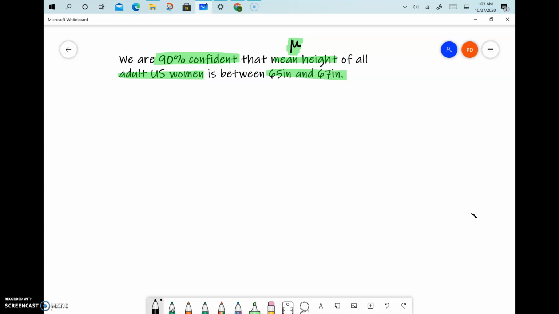So basically, this is what we're saying. If this is a number line and this is 65 inches and that's 67 inches, then we can be 90% confident that the mean is somewhere in this interval, but only with a 90% confidence can we say that.